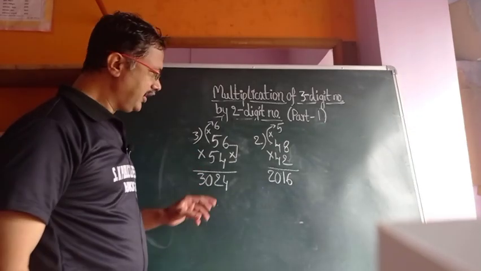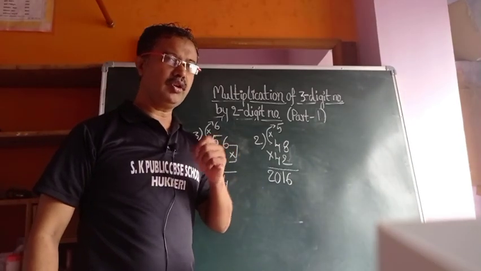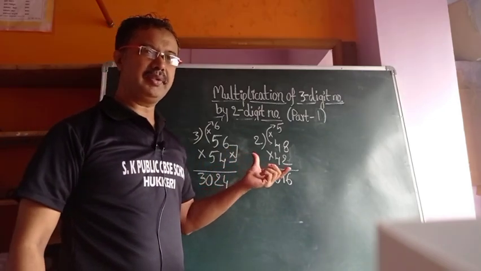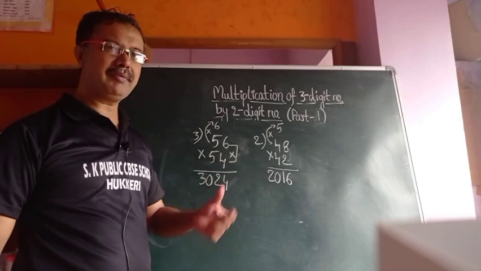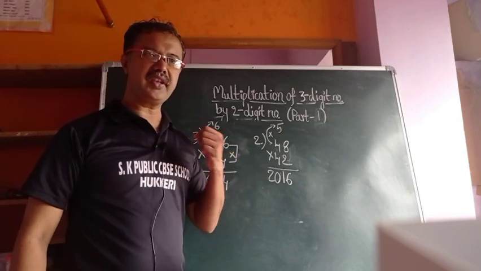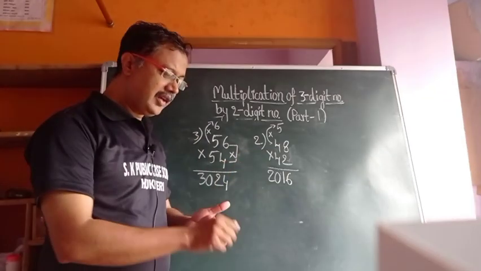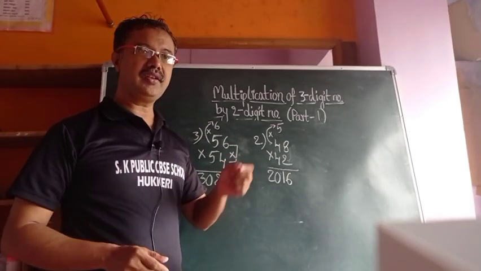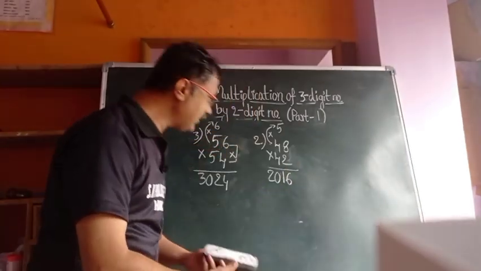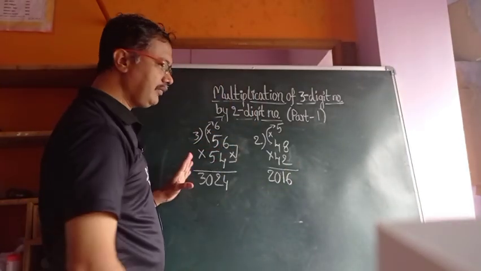Yes or no, children? If you practice it a little more, then it is very easy for competitive examinations. You can solve any problem like this within a fraction of a second, within 10 seconds. Why? Because in competitive examinations time is very precious. Okay, we will start with the next session.